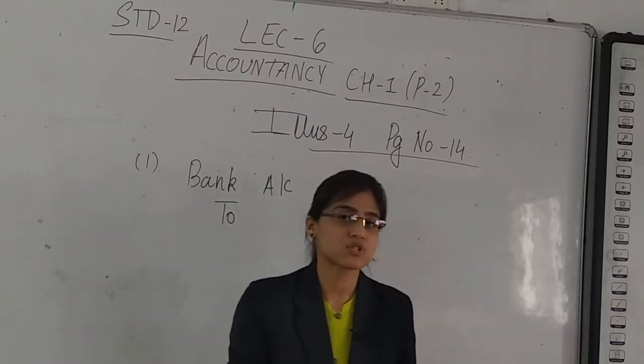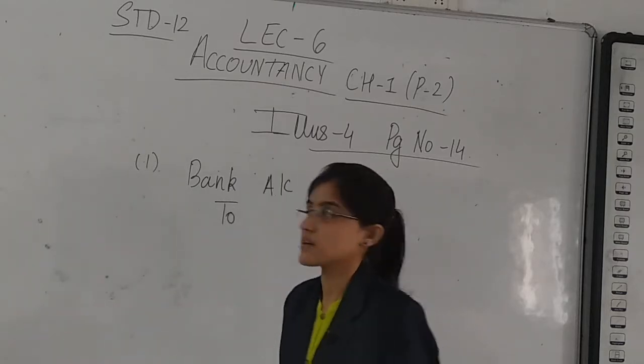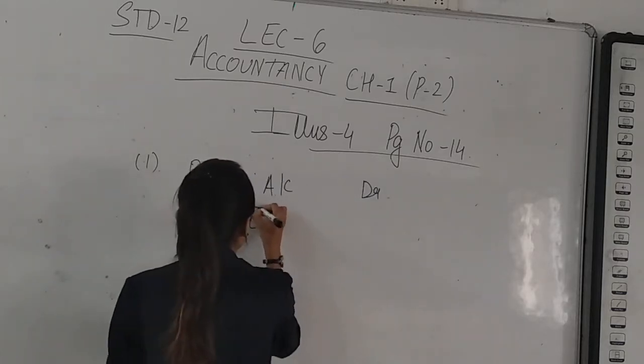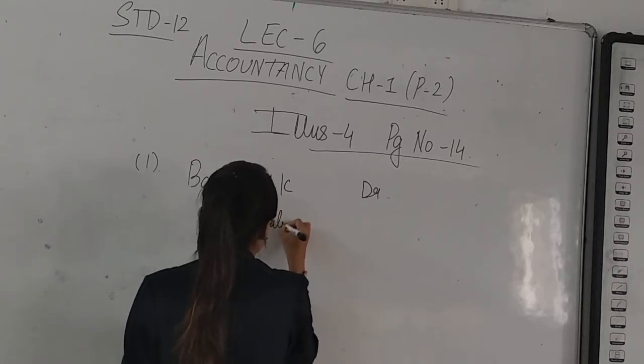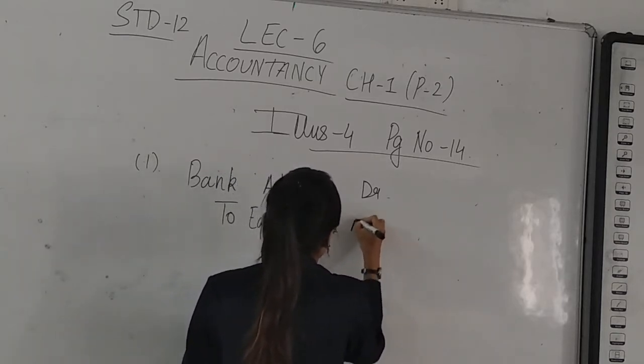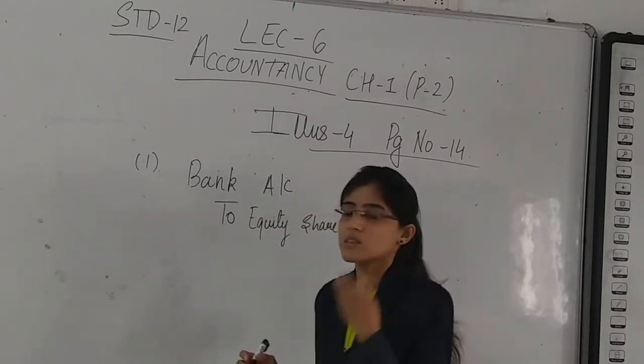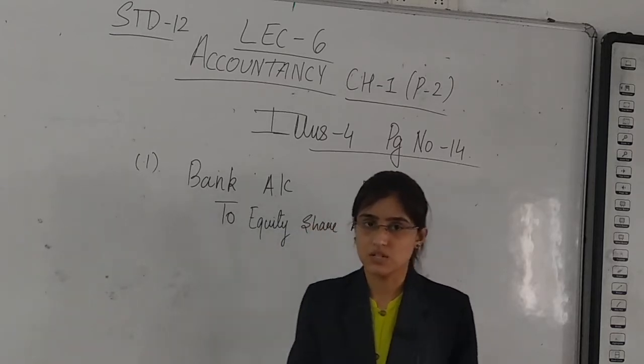If it is preference share, it is preference share application. Here it is equity share. So I am dividing it as... this is the first journal entry.